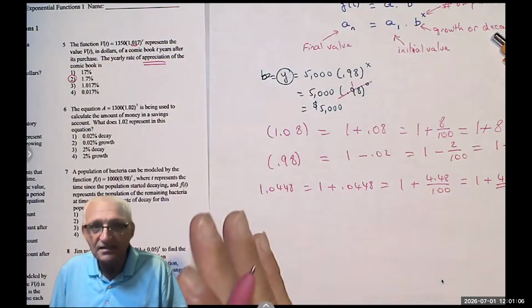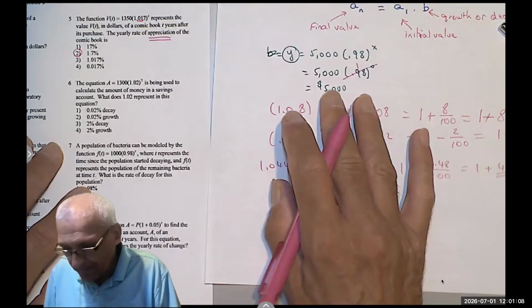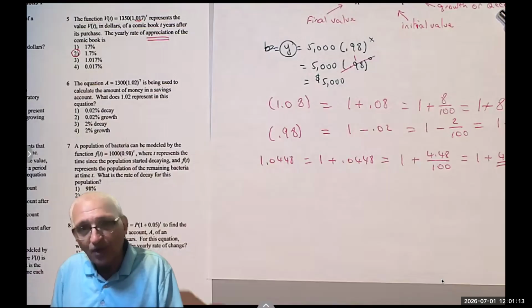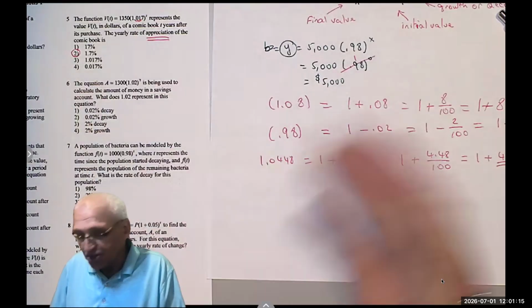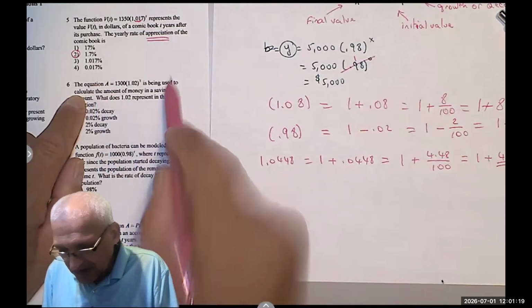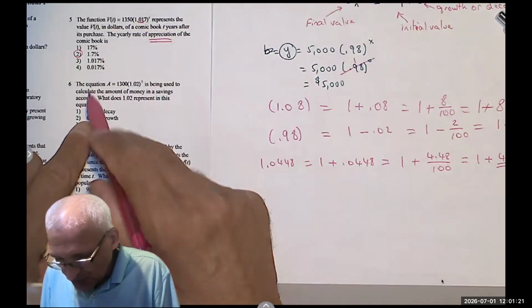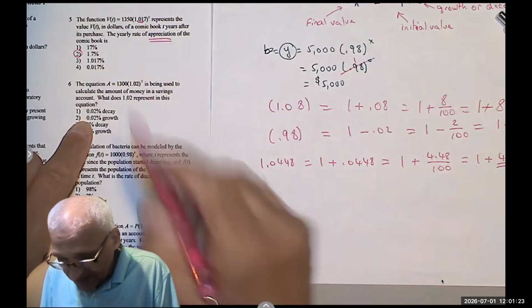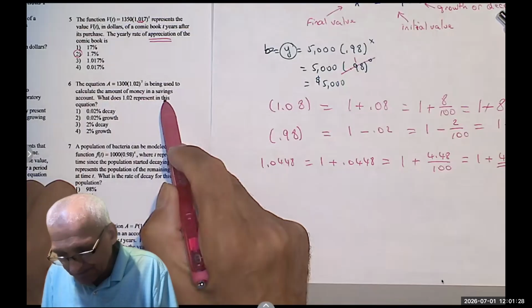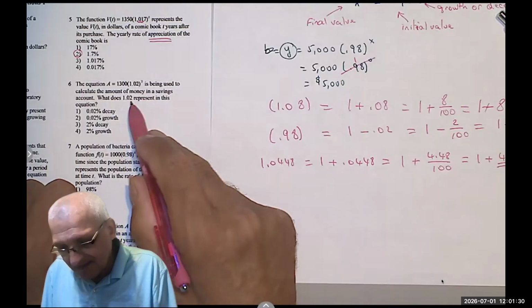See, very easy, these types of problems, because these are just multiple choice questions. Then we are going to take a couple of problems and create this function and solve it. The equation A equals that, very similar, is being used to calculate the amount of money in a savings account. What does the 1.02 represent? Well, again, that's growth.